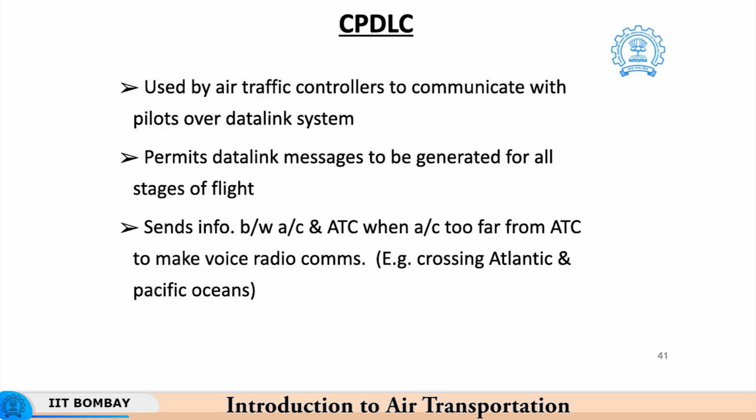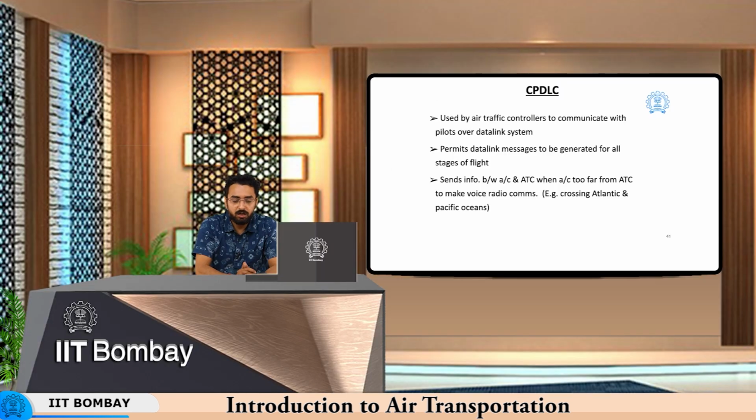By way of this system, the aircraft can provide details related to different stages of flight, such as when the aircraft lands and when it wants to approach the nearest airspace. Such communications can happen through data link in a more efficient manner through the usage of this type of system. This type of communication is very useful when the ATC is very far from the aircraft.